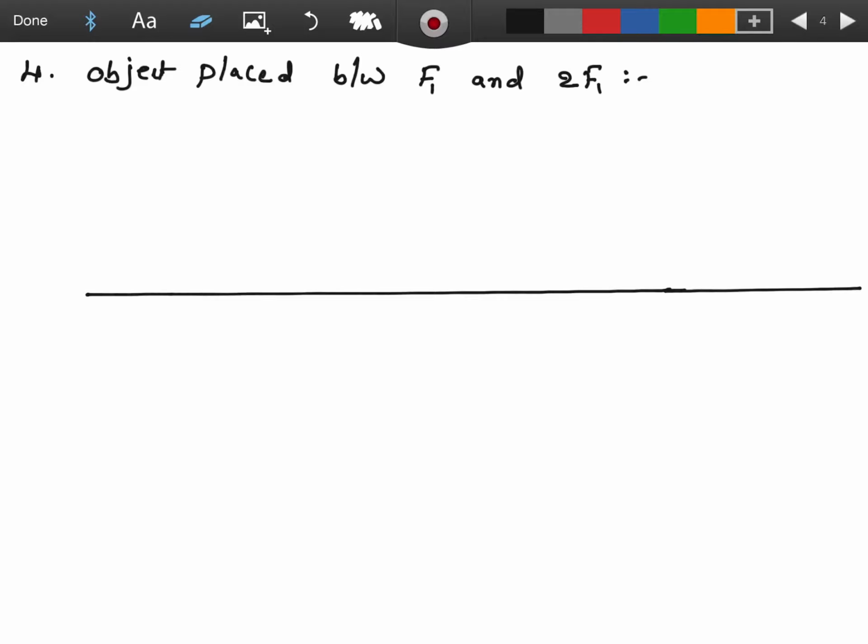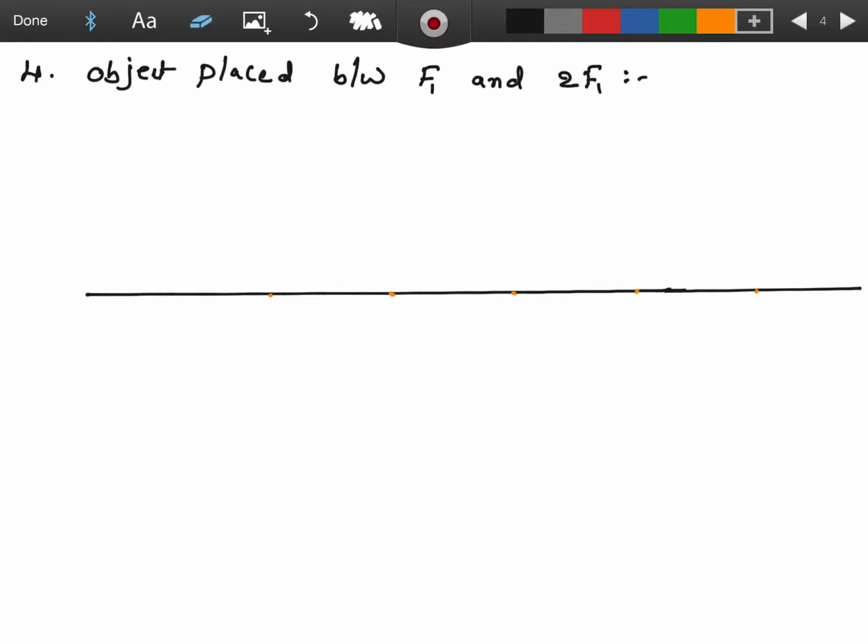I am taking this as my optic center. Around 3 centimeter I am taking focus, 6 centimeter I am taking center of curvature. This side, same thing: 3 centimeter focus, 3 more centimeter center of curvature.